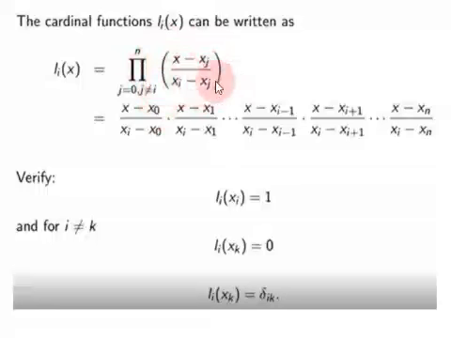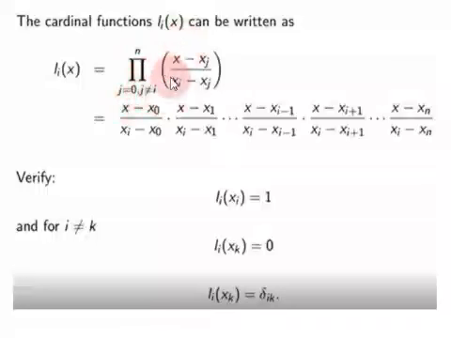We multiply these factors over j, where j runs from 0 to n, except j not equal to i.